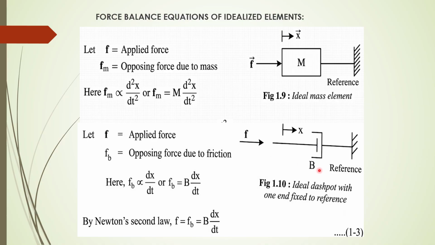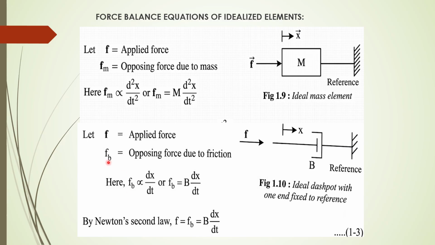Next, dashpot. One end is fixed here, so it is called ideal dashpot with one end fixed to reference. So here again F is the applied force, Fb is the opposing force due to friction, x is the displacement.